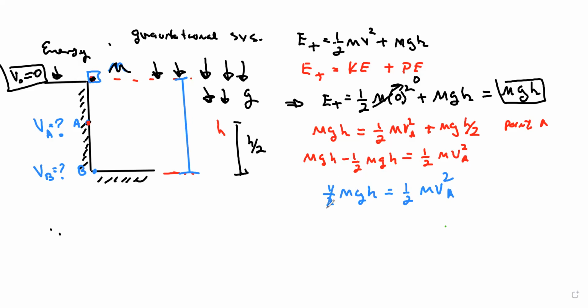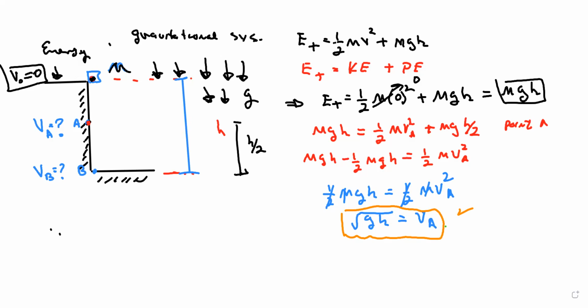And we can cancel the 1 over 2 with the 1 over 2 and the mass with the mass. So the square root of gh is going to give you the velocity at point A. And now you have a formula to calculate the velocity at point A. There we go. And let's get the other velocity, the velocity at point B.